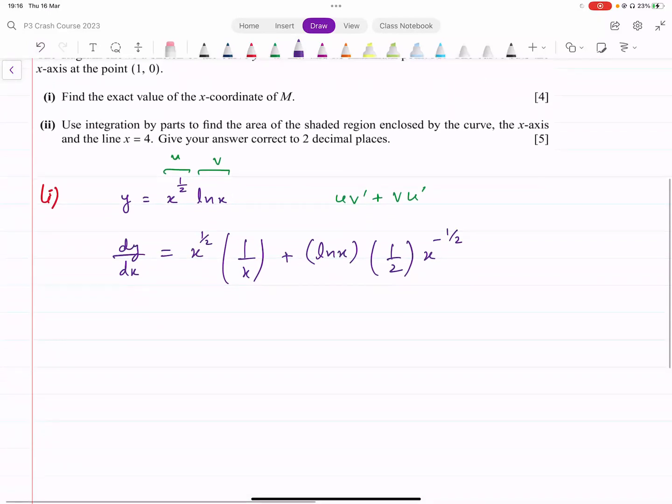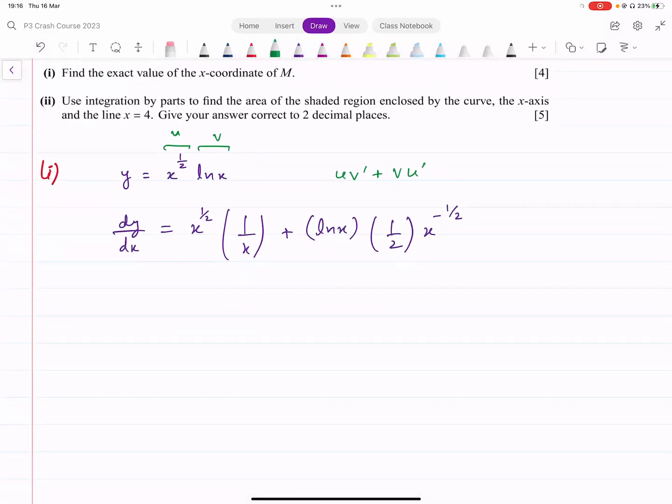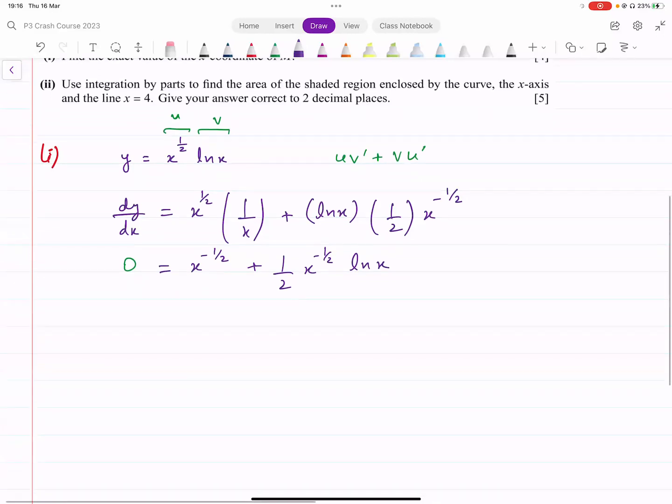Now, since we're looking for the turning point, you put this equal to 0. And that gives you x power 1 over 2 and this 1 over x in the denominator, that gives you x power minus 1 over 2, plus 1 over 2 into x power minus 1 over 2 into ln of x. Now we need to solve this equation.